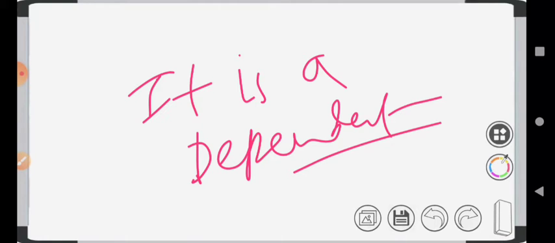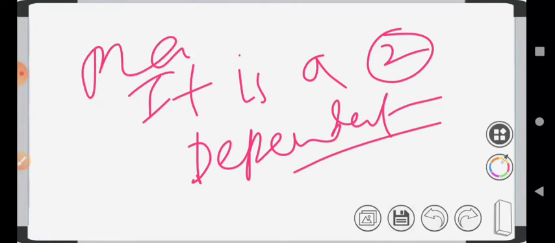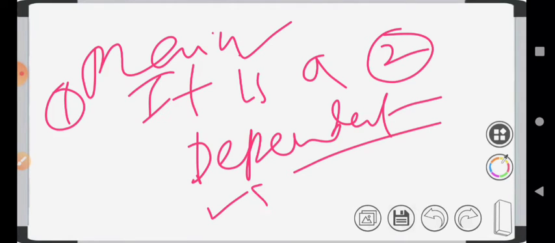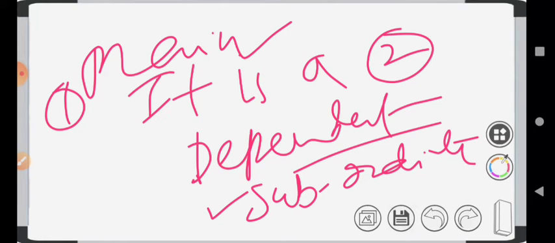There are two main clauses: one is the main clause according to structure, and the second one is the subordinate clause. Main clause is also called independent clause. Subordinate is also called dependent clause, my dear students.